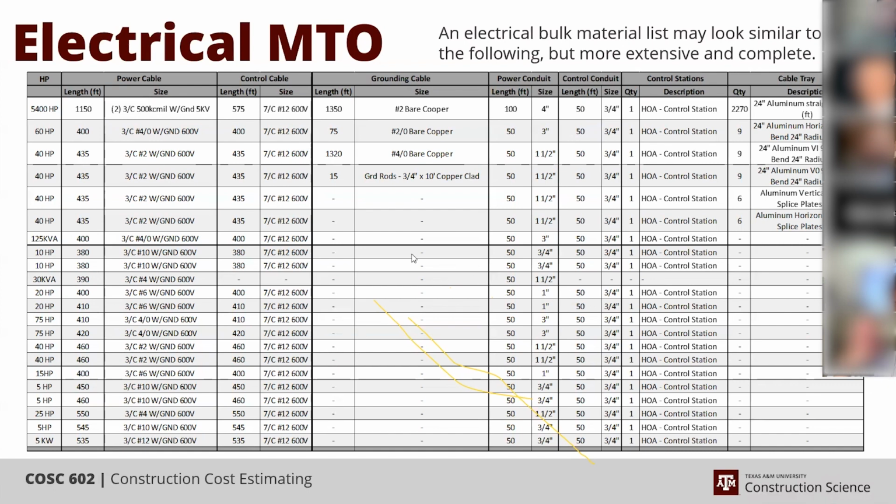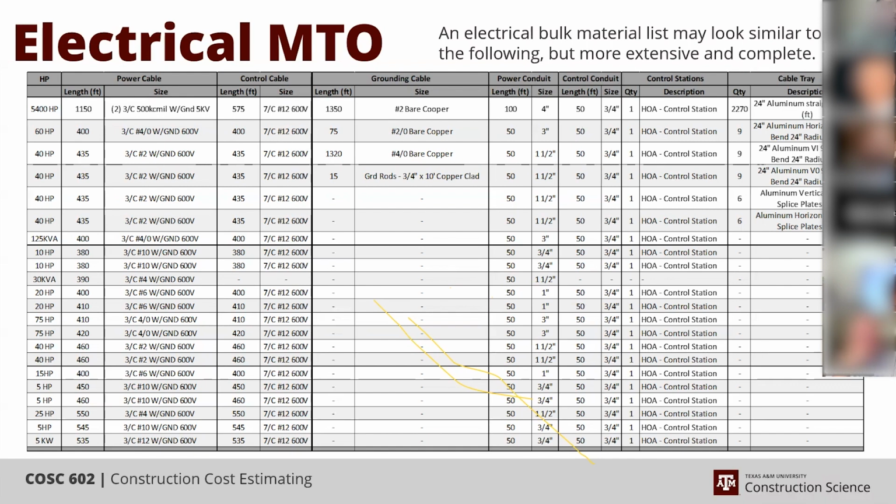Same thing with that HOA right there. That'd be on the skid. HOA, the control station description. Yeah, these could be skid mounted or they could be mounted on a post next to an item. Right. And that's going to be a quick off and on start button, stop button.